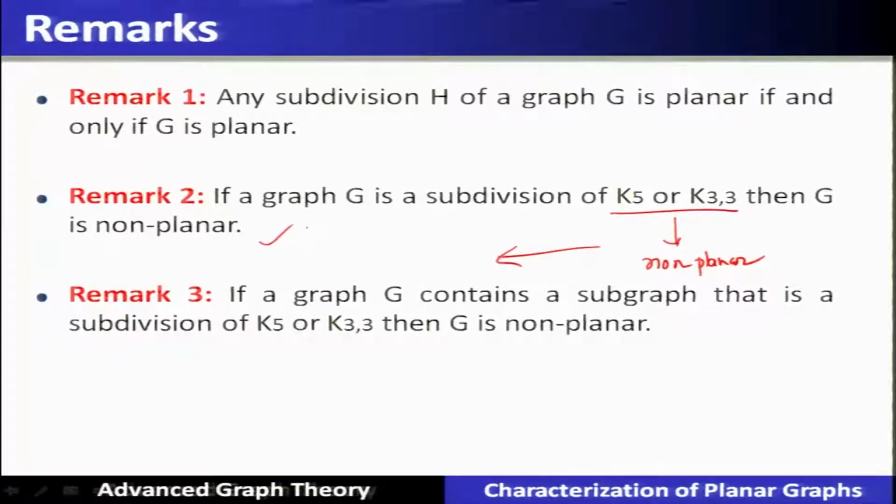Now, remark 3 says that if a graph G contains a subgraph that is a subdivision of K5 or K33, then G is non-planar. Again I am repeating, if a graph G contains a subgraph that is a subdivision of K5 or K33, then G is non-planar.